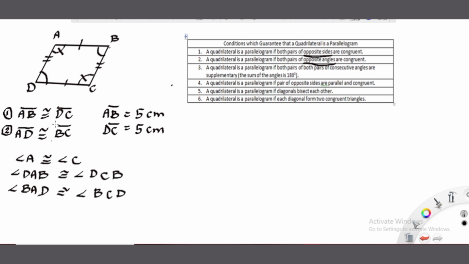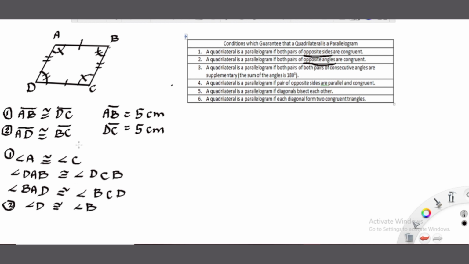If we notice, these two opposite angles don't share the same sides. A quadrilateral has two pairs of opposite angles. One of them is angle A and angle C. Another pair is angle D and angle B. Since these two are opposite, angle D is congruent to angle B.